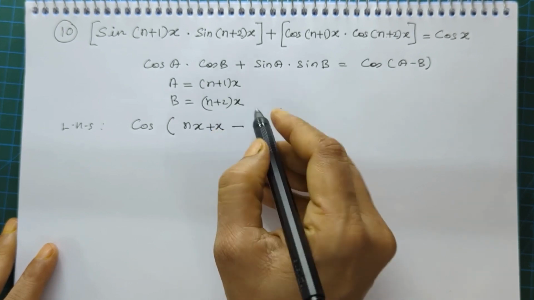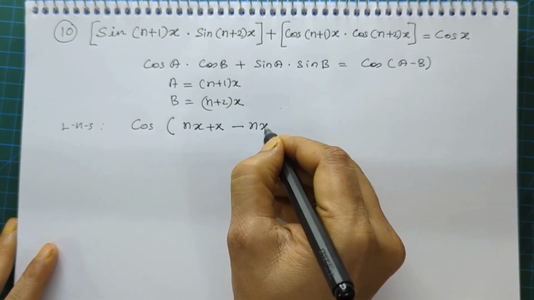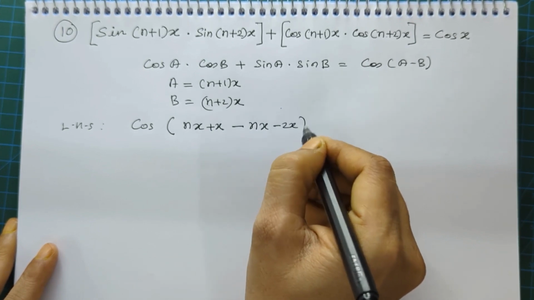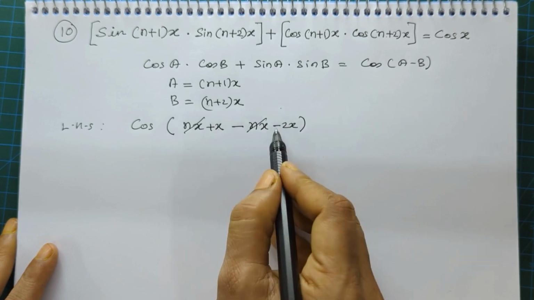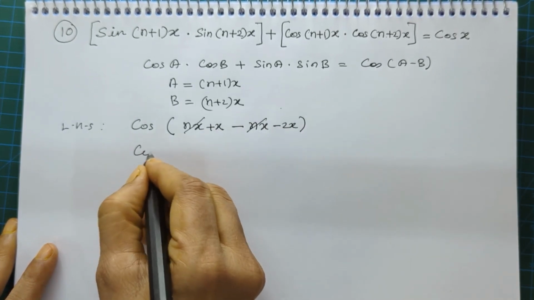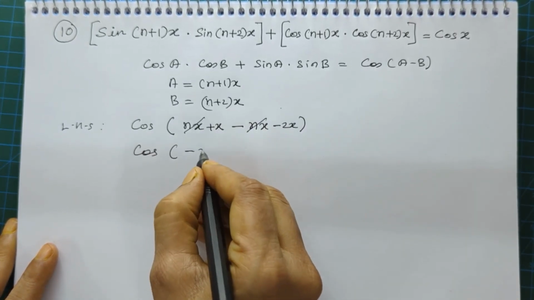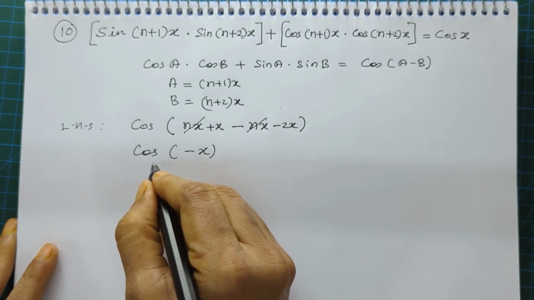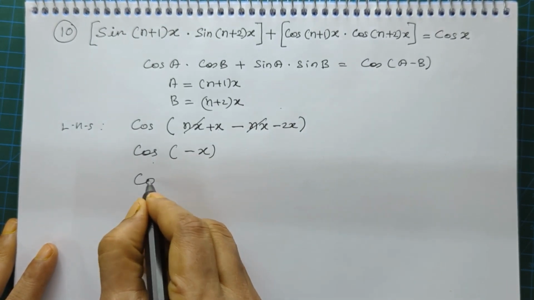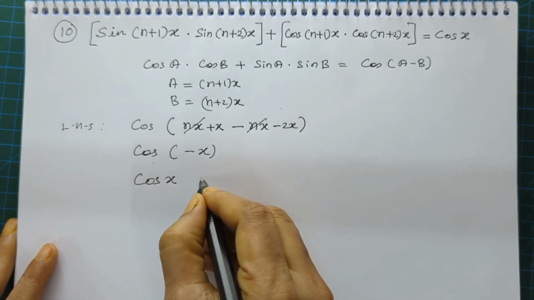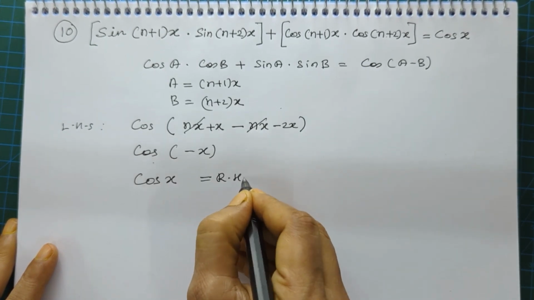So nx plus 2x becomes negative nx, negative 2x. nx cancels. We are left with x minus 2x. So it is cos of minus x. Cos is an even function. So cos of negative x is cos of x only, and this happens to be the right hand side.